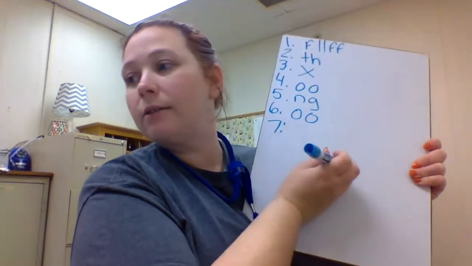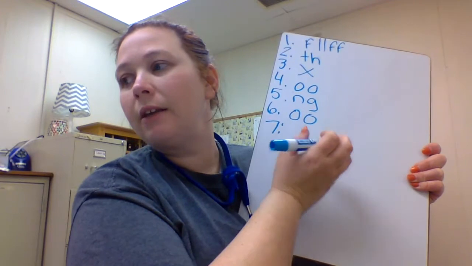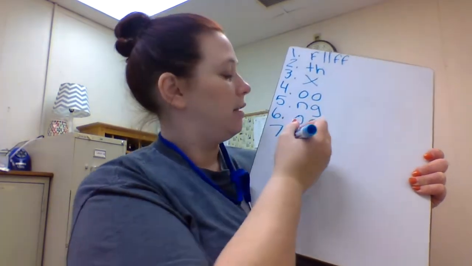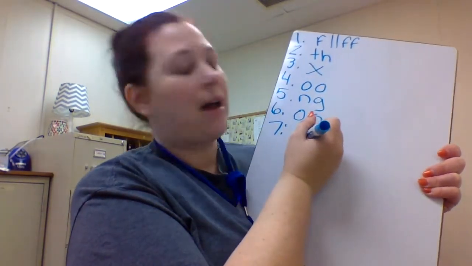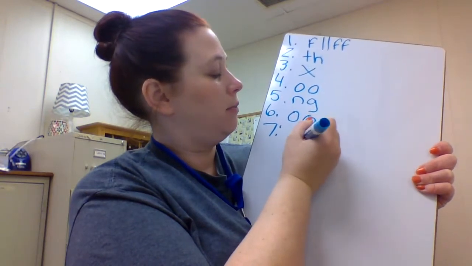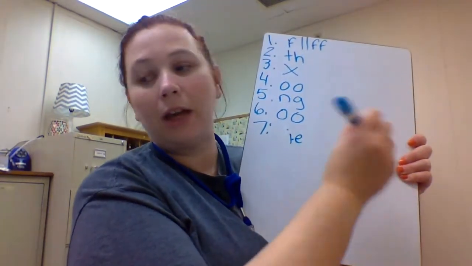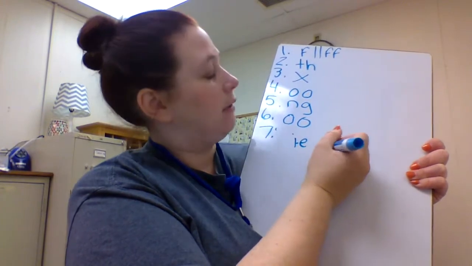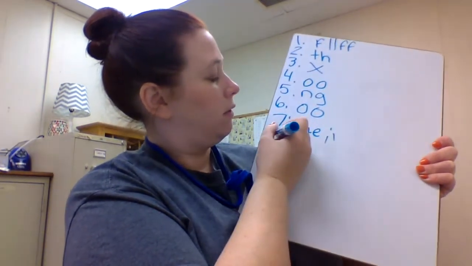Number 7 is I. So we get that by I consonant E, put that little dash in there, or just I by itself.